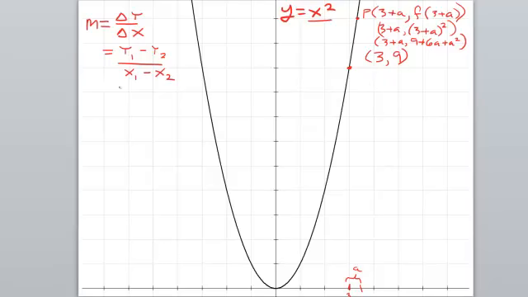Okay, so change in y, y1 minus y2. So let's let this be y1, and then therefore this has to be x1, and then the original, put in green, the original numbers are going to be the y2 and the x2. So let's work it out.